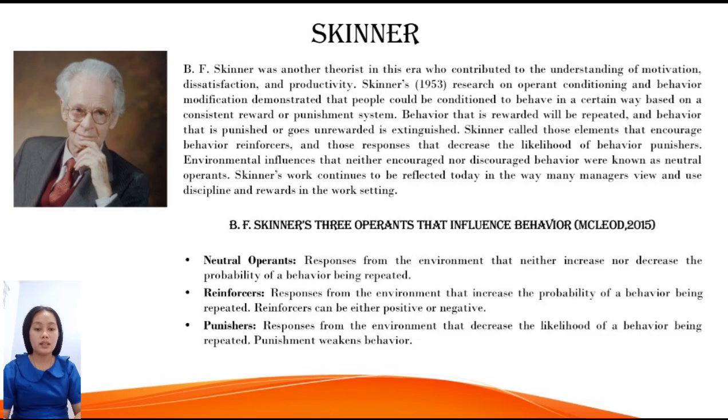Behavior that is rewarded will be repeated, and behavior that is punished or goes unrewarded is extinguished. Skinner called those elements that encourage behavior reinforcers, and those responses that decrease the likelihood of behavior punishers. Environmental influences that neither encourage nor discourage behavior were known as neutral operants.